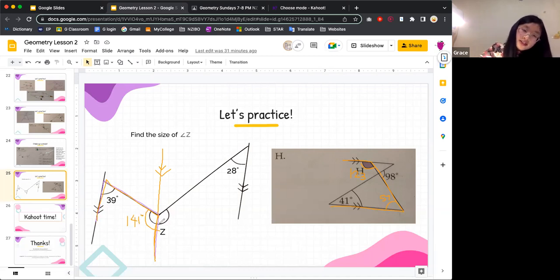Right, and then we've got this half. We can still use cointerior angles, right? Could someone tell me what this half of the angle would be? So Z plus 28 is 180, right?